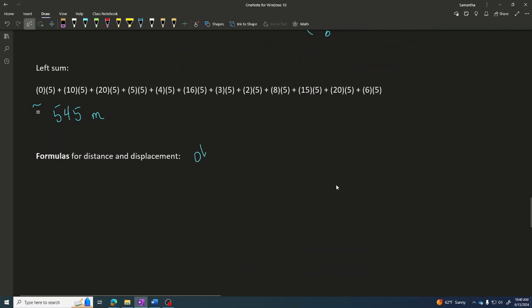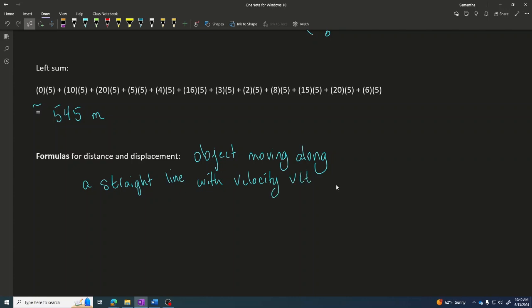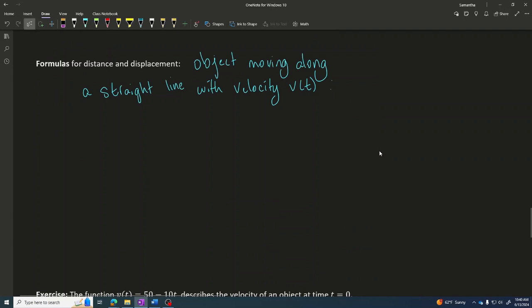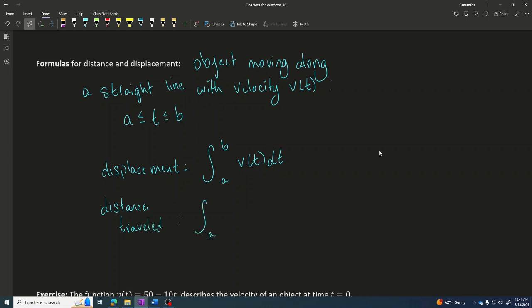If you have an object moving in one-dimensional space, in other words, along a track shaped like a straight line, either backward or forward, and you know the velocity of the object at any given time, the velocity function v of t, then if your time period of movement is between an initial time called A and a final time called B, then the displacement can be found simply by integrating the velocity function between these two times, and as well distance traveled can be found by integrating the speed of the object between those two times, the absolute value of v of t.